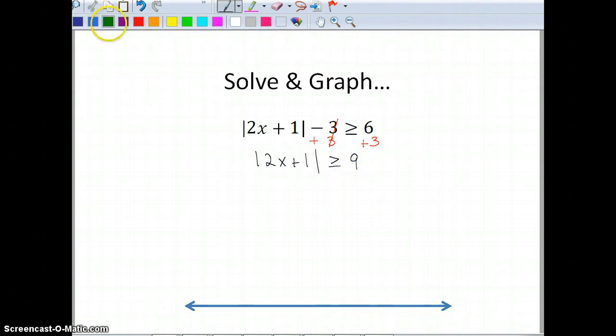Now I'm going to take into account my positive possibility and my negative possibility. So for my positive, I have 2x plus 1 is greater than or equal to 9. And in case what's inside my absolute value bars is negative, I have 2x plus 1 is less than or equal to negative 9.